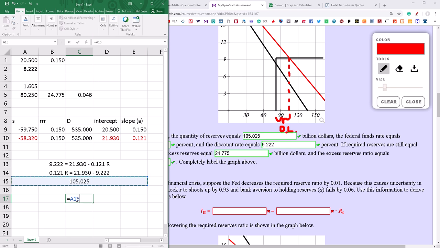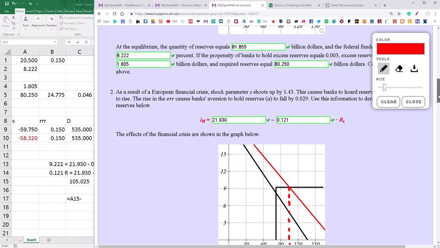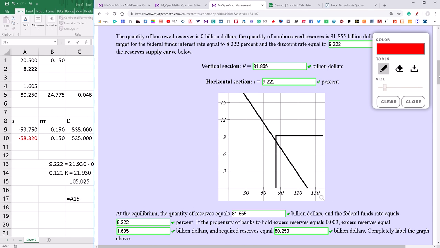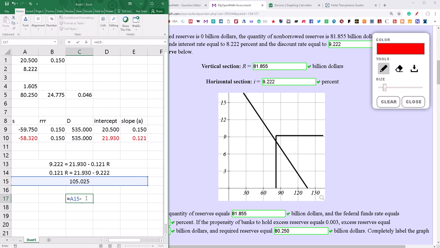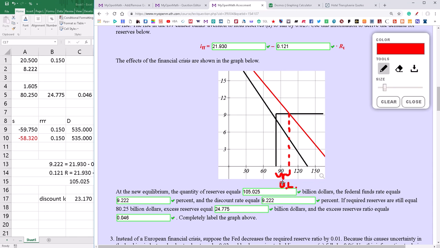The 105.025 minus total reserves, 81.855. So this is the amount of discount loans the Fed has to make. Okay, 23.170.